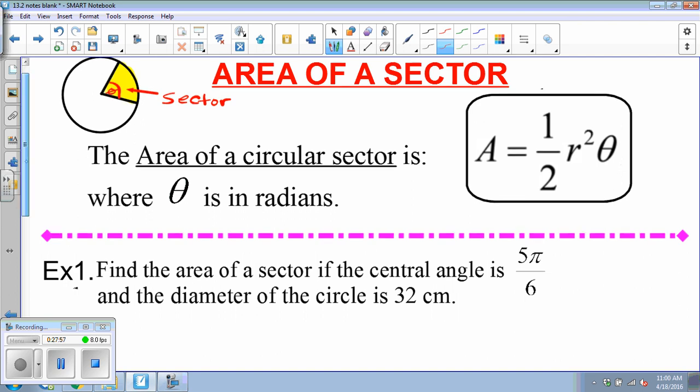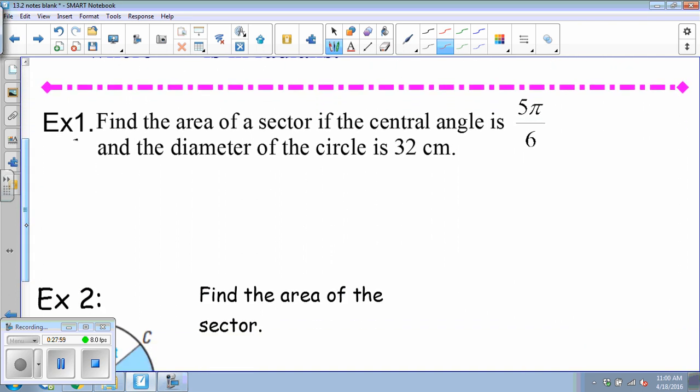So example 1 says, find the area of a sector. I'm going to write area equals 1/2 r squared theta. If the central angle is 5 pi over 6, what does that represent? Theta. It's already in radians.